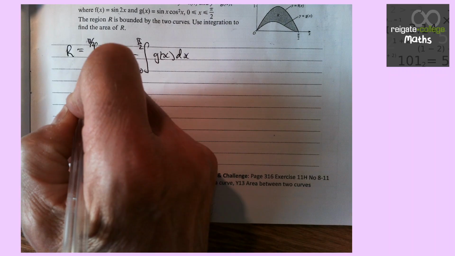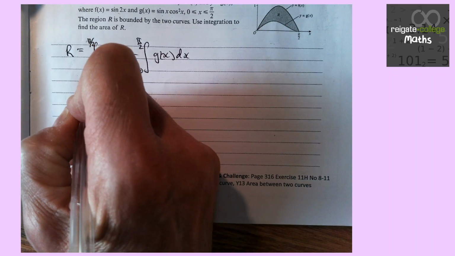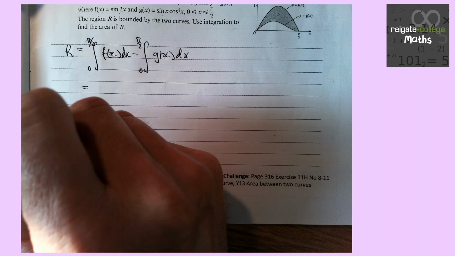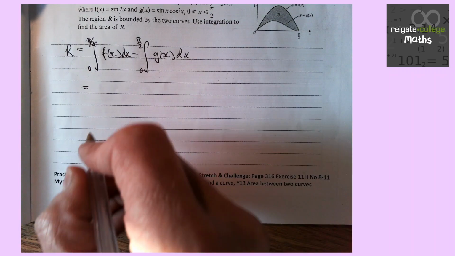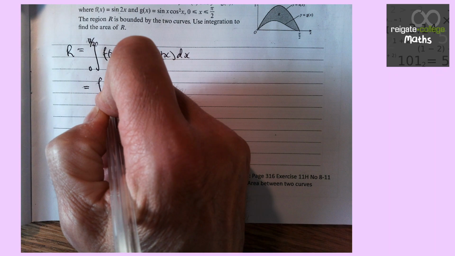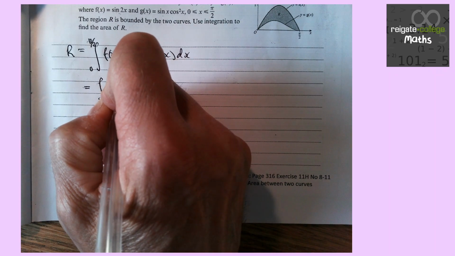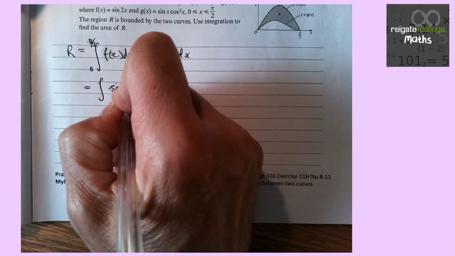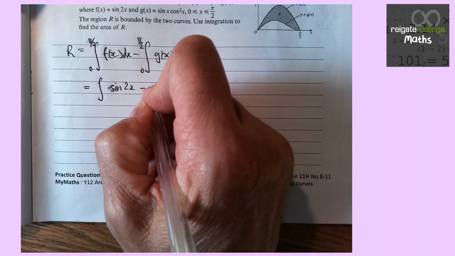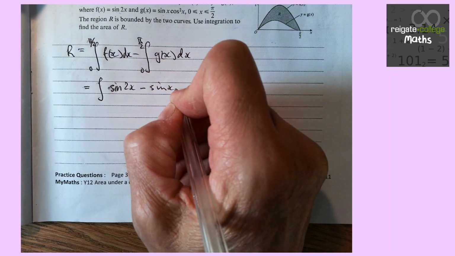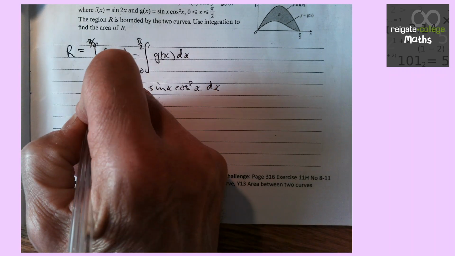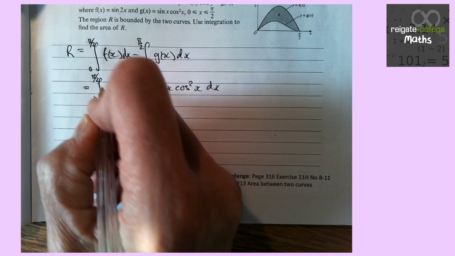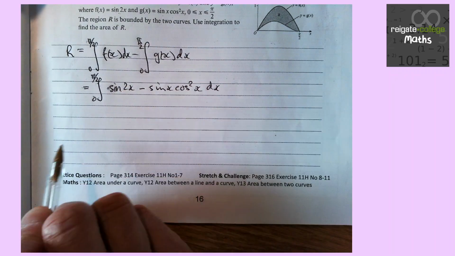So that's equal to the integral of sine 2x minus sine x cos squared x dx from 0 to pi over 2. So this is my f of x, this is my g of x.